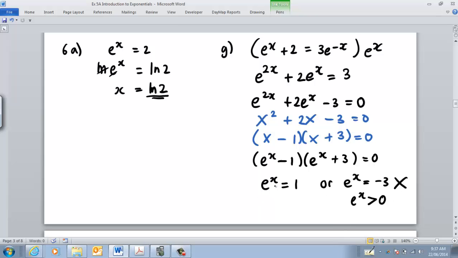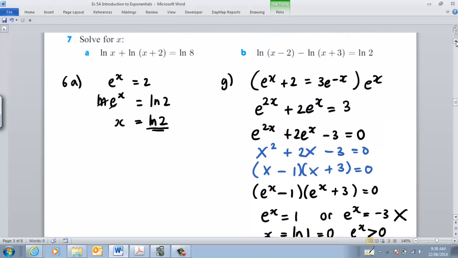Now over here, if we're solving for that, we're going to take the ln of both sides. Remember, we do that, then x is equal to simply ln of 1, and in that case ln of 1 is actually equal to 0 anyway, if you do that on your calculator. So that's how you do exercise 6. Question 6 is you doing that.